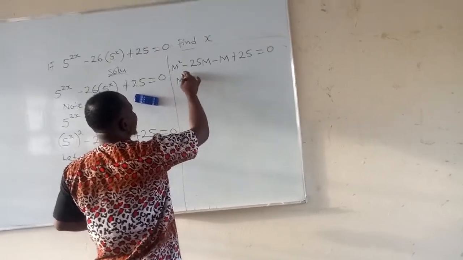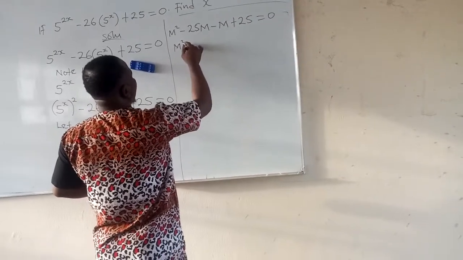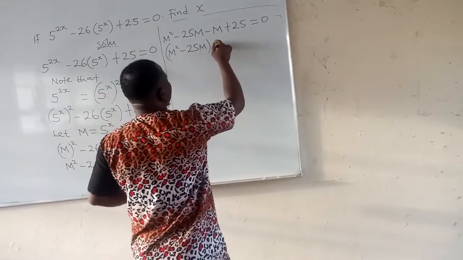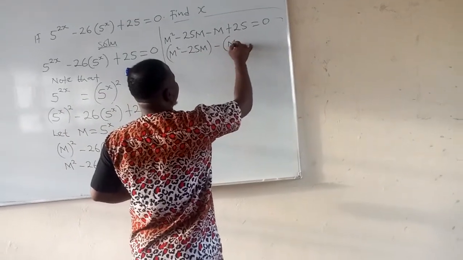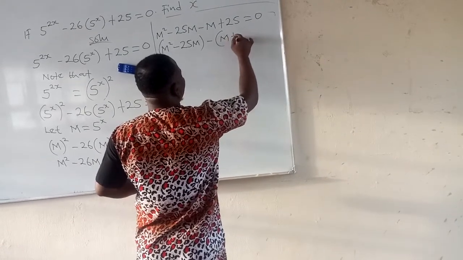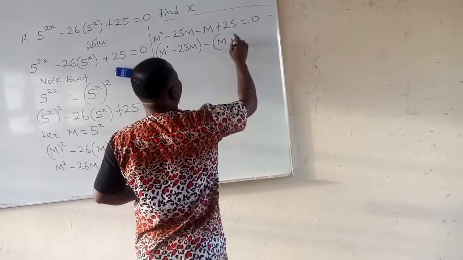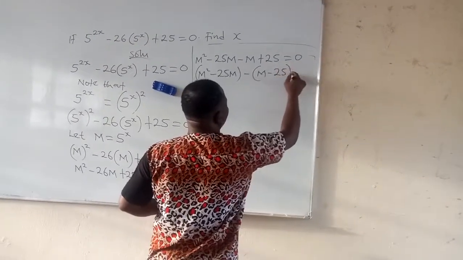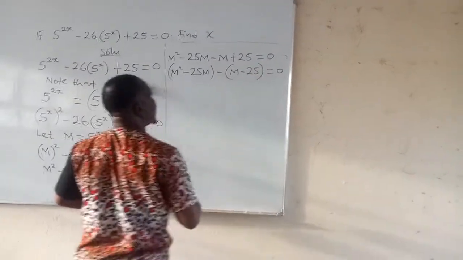We can write this in this form, m squared minus 25m, all in brackets, minus m plus 25, which is equal to 0.